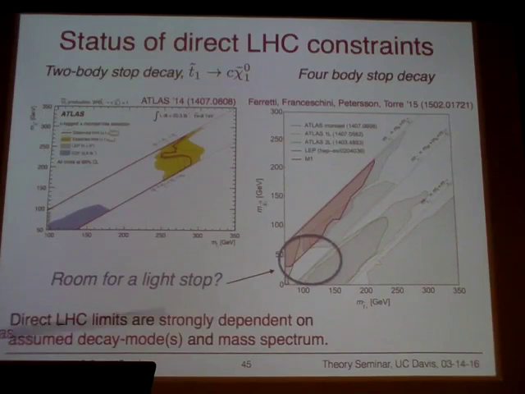So it's basically stop decaying to virtual top and B, and the virtual top decays to virtual W and B. The claim is you can make that dominate over charm neutralino. Yeah, it's possible. I mean, this is CKM suppressed, and I think the chargino plays a role in that loop as well.